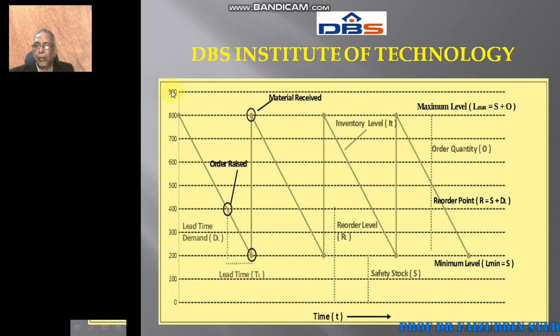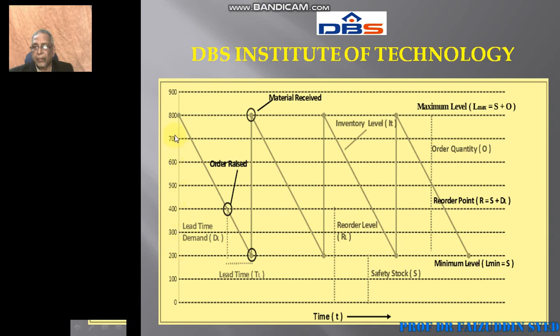Consider the y-axis in tons: 100, 200, 300 tons, 400 tons, 500 up to 900 tons marking is there. So what we have done, first we have ordered 800 tons of material.